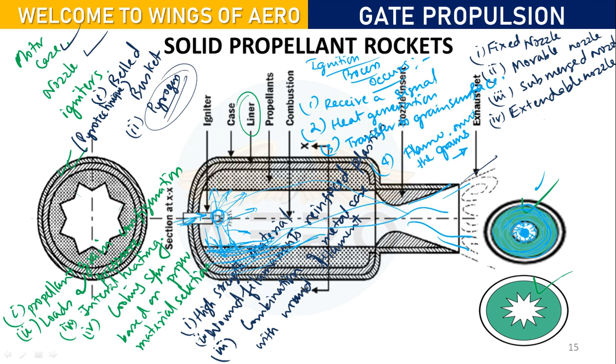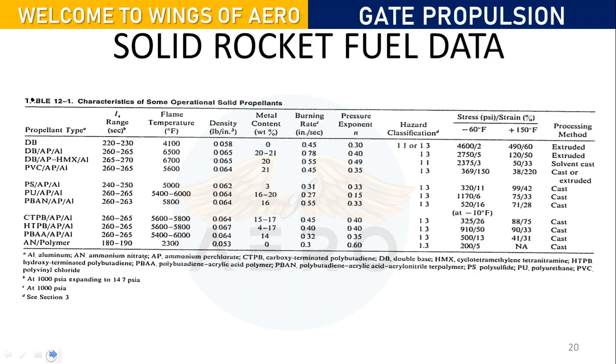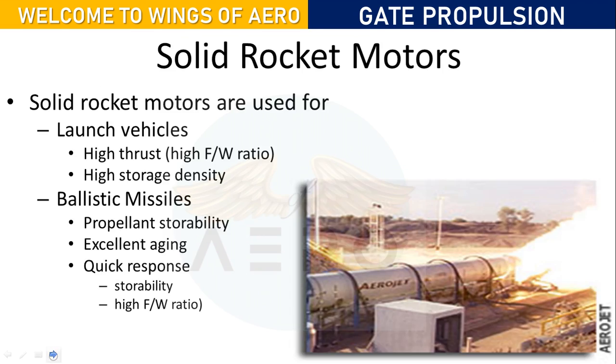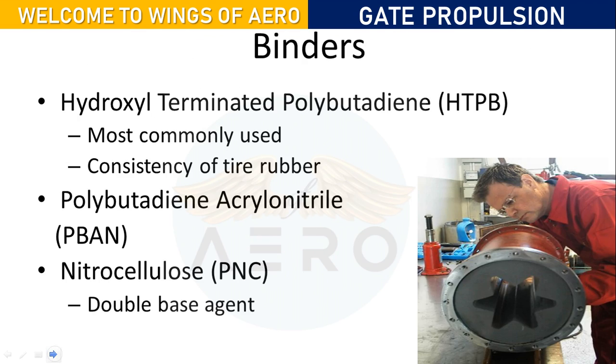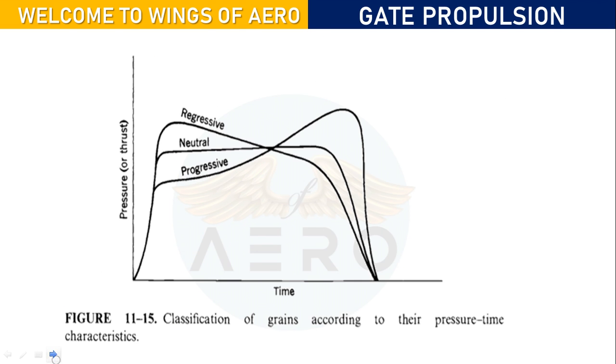Now this burning process has three different types: first one is progressive, then neutral, then regressive.